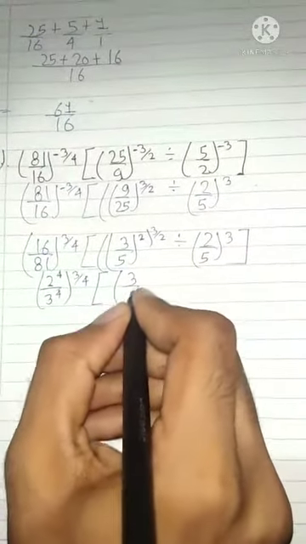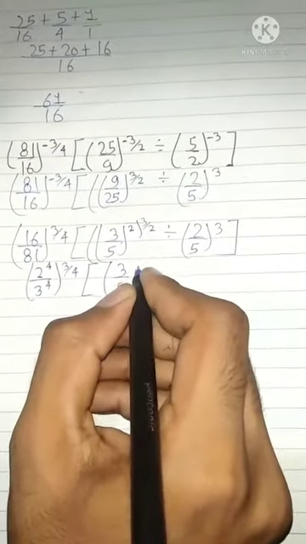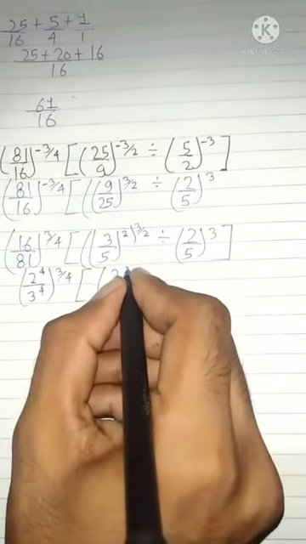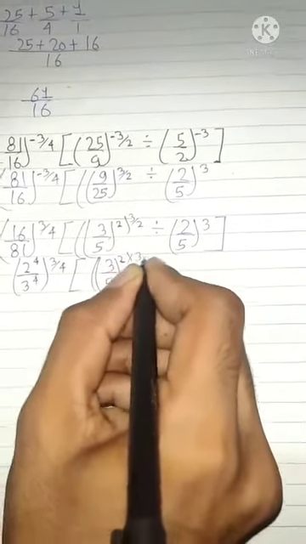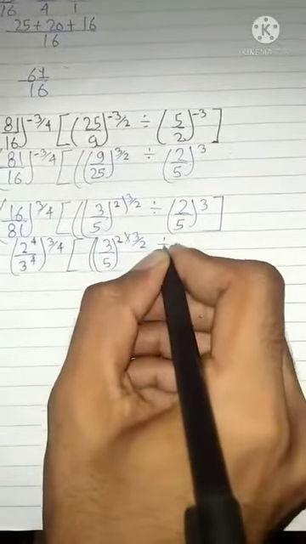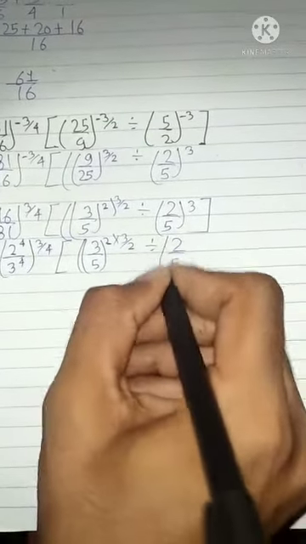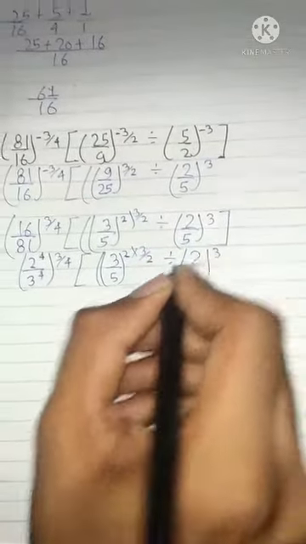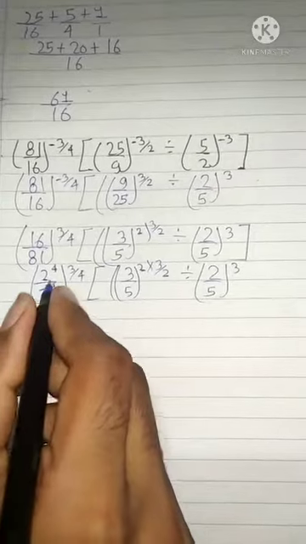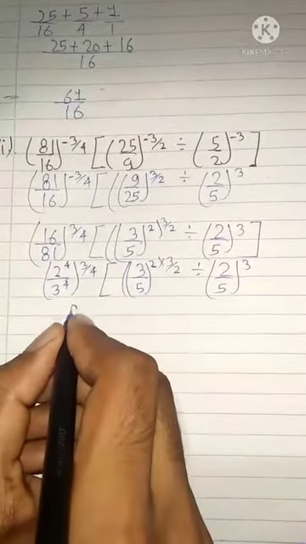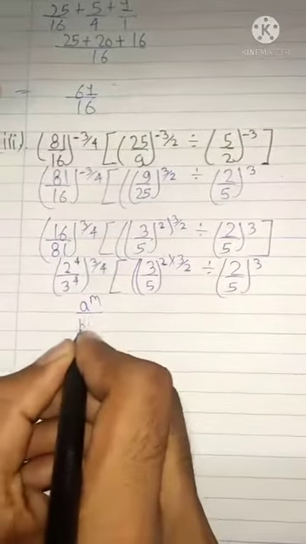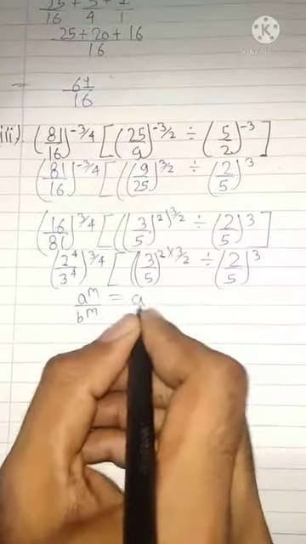So write (3 to the power 5) whole to the power 2 into 3 by 2, divided by 2 upon 5 to the power 3. So you also write 2 to the power 4 upon 3 to the power 4. It is seen in this form: a to the power m, b to the power m equals (a upon b) to the power m.